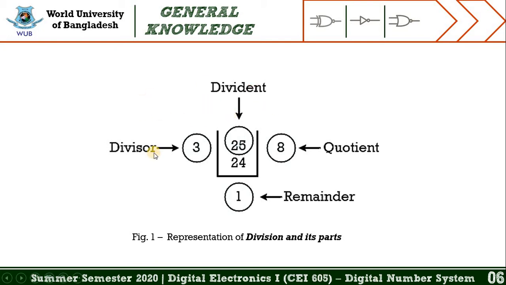On the left side is called the divisor, and in the middle part is called the dividend, which is divided by the divisor. On the right side we find the quotient, and in the bottom part we get the remainder if the dividend is not divisible by the divisor. So let's move into the next slide.